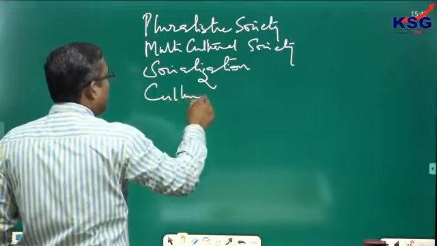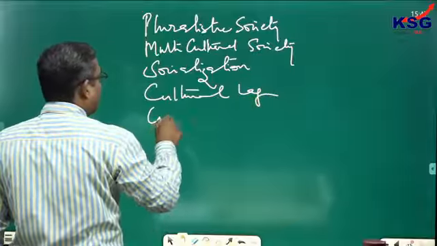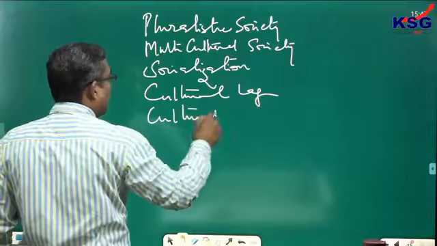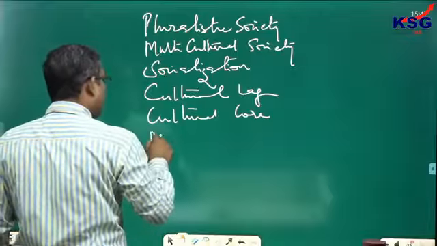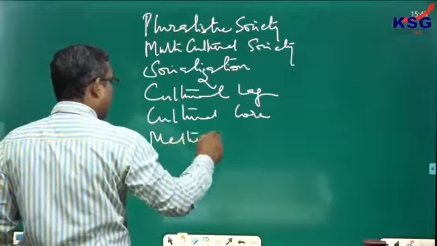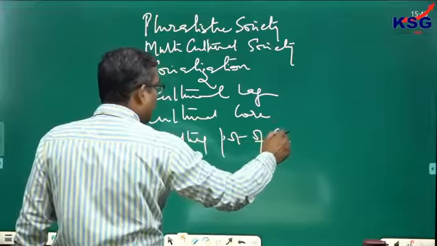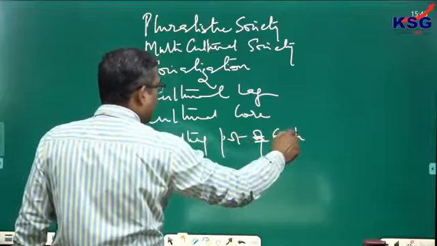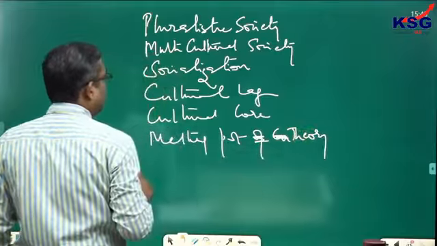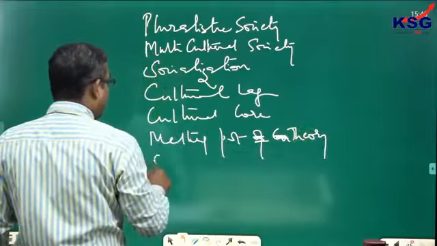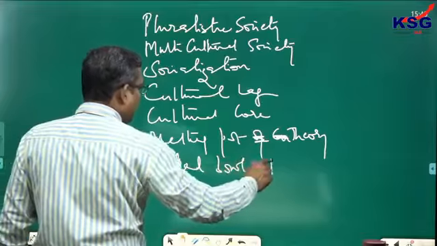We have discussed cultural lag. We have discussed cultural core. We have discussed the melting pot of cultures, the melting pot theory, and what else did we discuss, salad bowl theory.